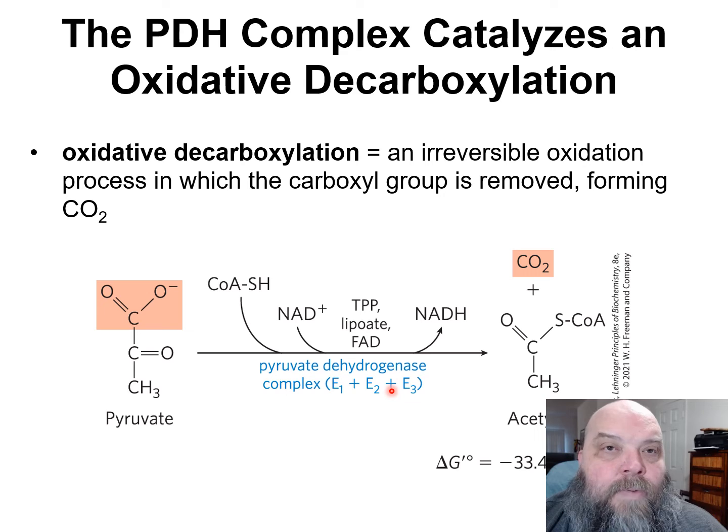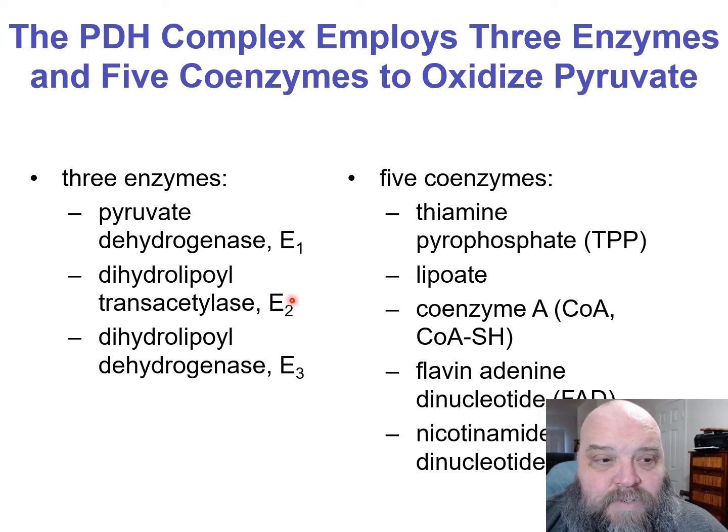I'm not saying exergonic reaction because there are 3 reactions all at once to go from pyruvate to acetyl-CoA, so the overall process is extremely exergonic. Our enzymes that we're looking at here: pyruvate dehydrogenase, dihydrolipoyl transacetylase, dihydrolipoyl dehydrogenase. Our coenzymes: thiamine pyrophosphate, TPP, lipoate, coenzyme A, FAD and NAD.